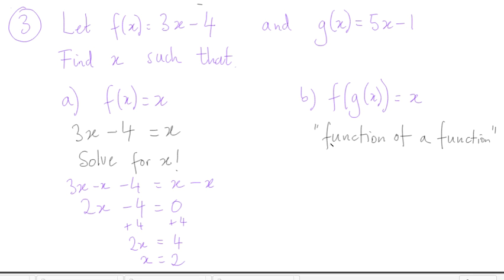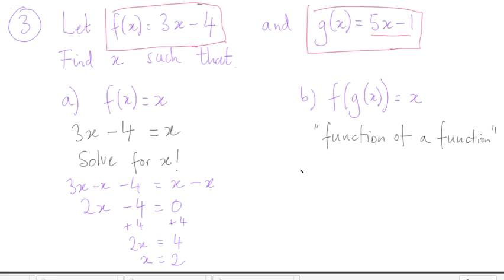Part B is a bit trickier. What do we do then if instead of f of x we have f of g of x? Well, I start with this function, f of x, but wherever I see an x, I replace that with the function g of x. In this case, 5x minus 1.